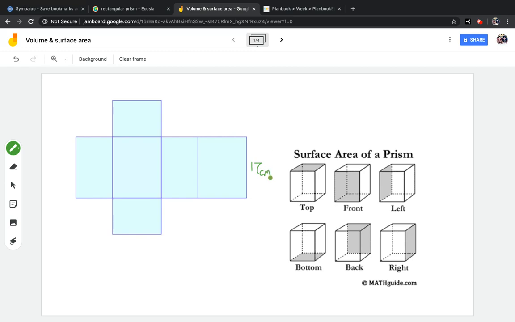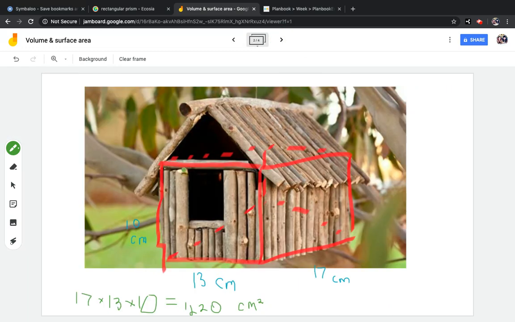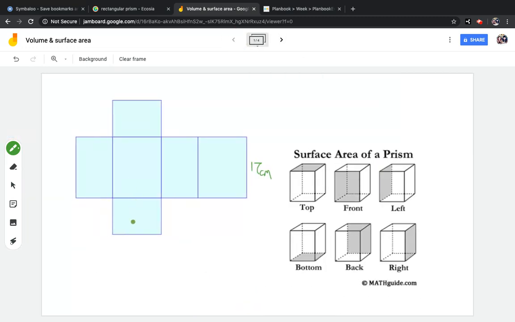Okay, if I look at this wall, I'm going to have 10 by 13. So this would be 10, and the one on the other side would be 10. This is 13. And each of these walls are actually 13.